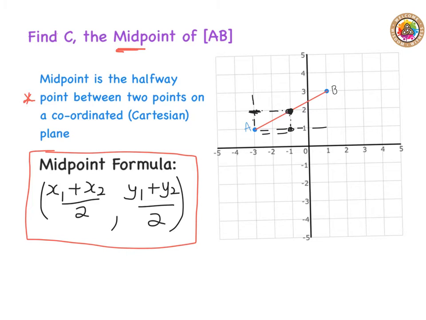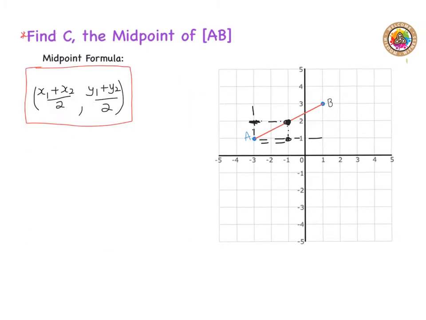Okay, and we'll do this example again and see do we come up with the same midpoint. So our midpoint here for C was that C is going to be at -1, comma 2. Okay, so let's work it out again and see if we get the same thing. In order to do this using the midpoint formula, I'm going to start by writing down my points.